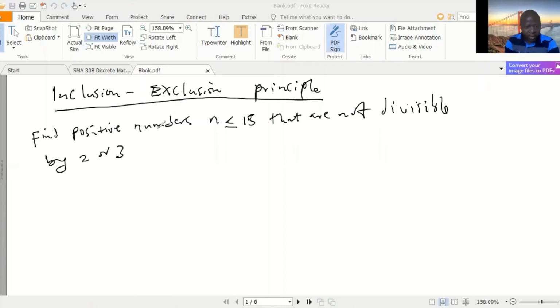So we want positive numbers which are not divisible by 2 or 3, and this number should be less than or equal to 15.